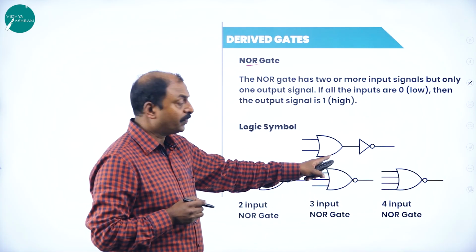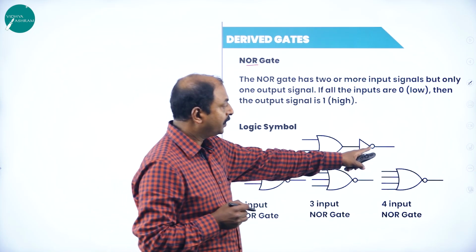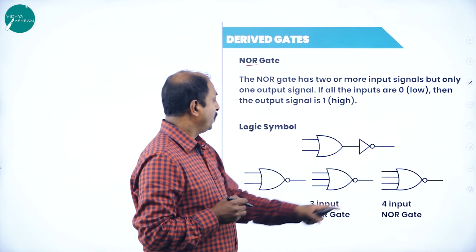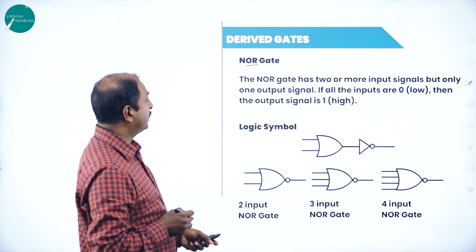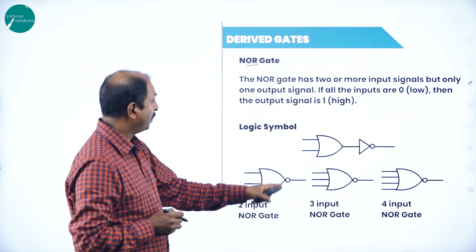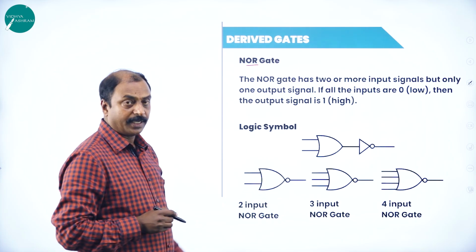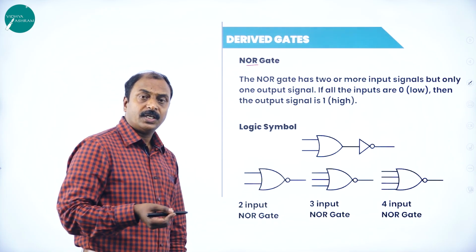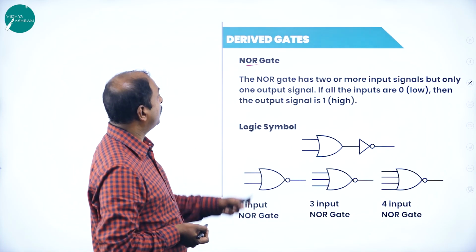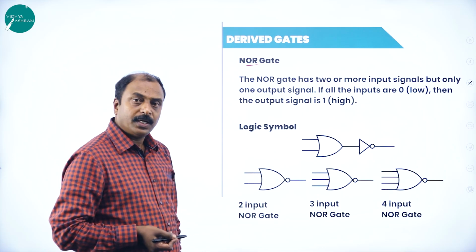So the output of this will be the input of this NOT gate. By considering these two, we can finally write the logic symbol like this. See, this is the logic symbol for 2 input NOR gate. So what is a NOR gate? NOR gate is derived from the basic gates, that is OR gate followed by NOT gate.